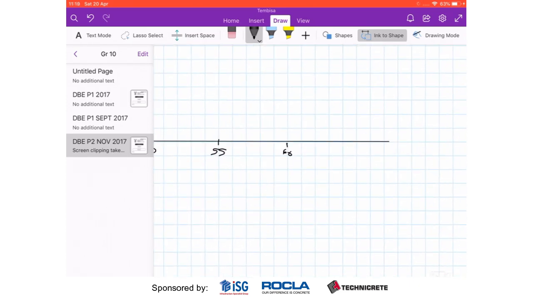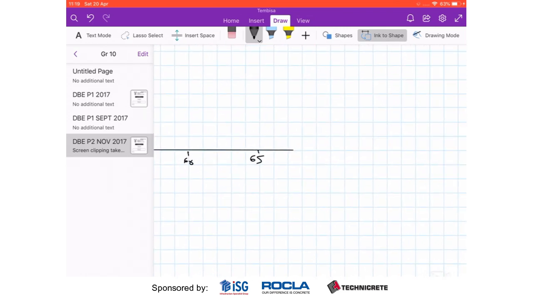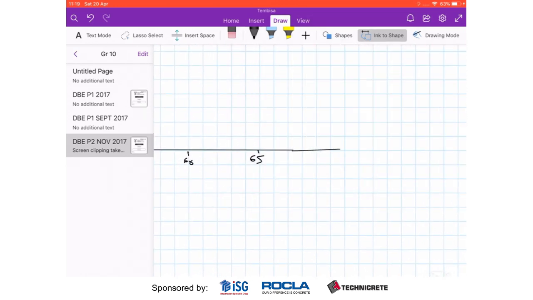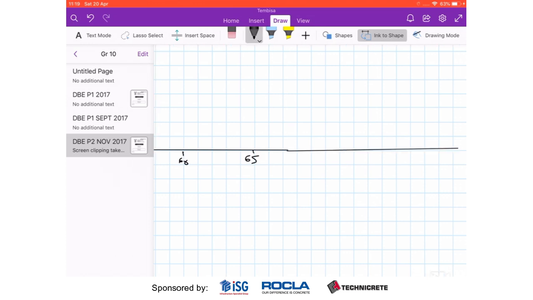2, 3, 4, 5. I'm going to have to extend our line. Sixty, 1, 2, 3, 4, 5, 70, 1, 2, 3, 4, 5.